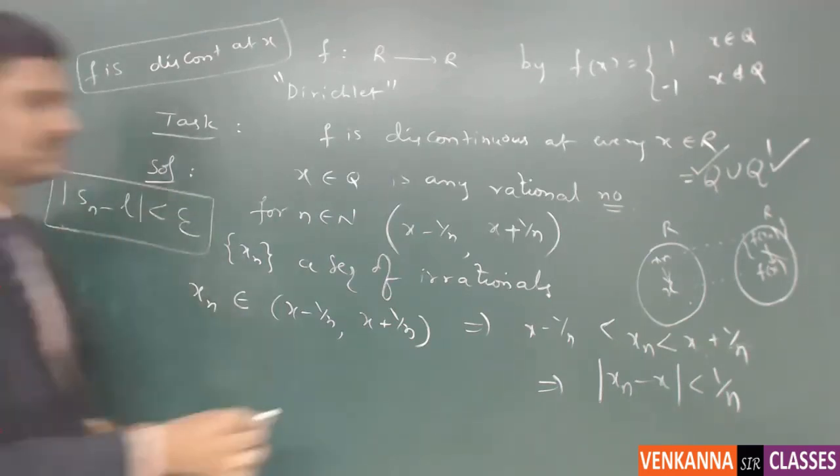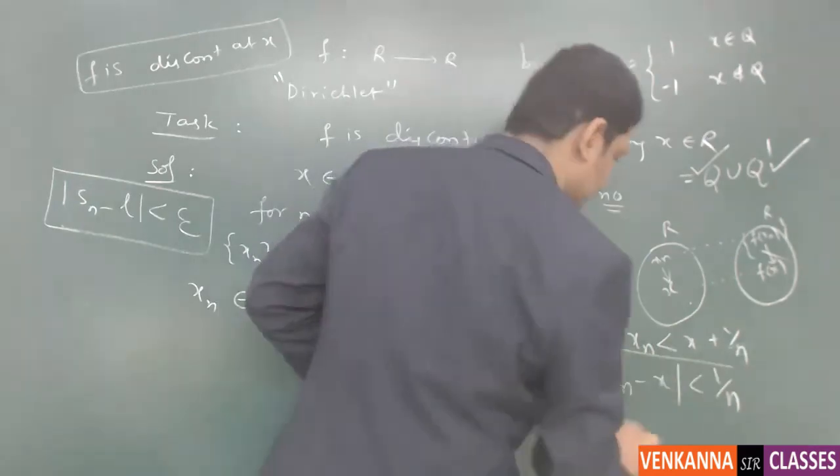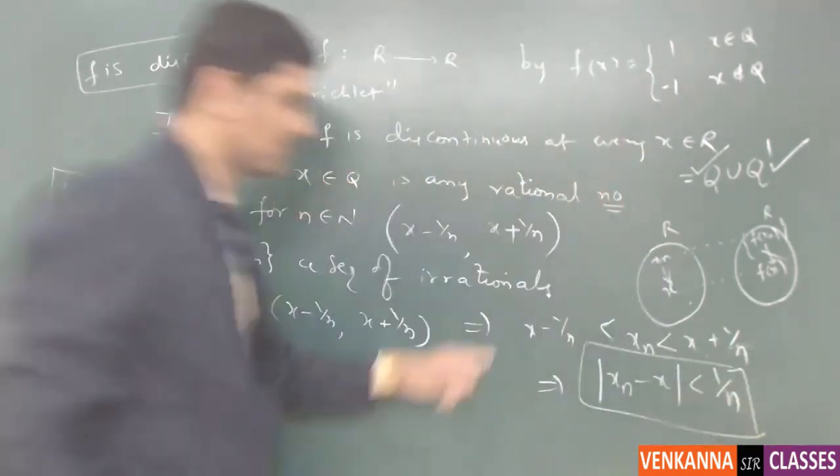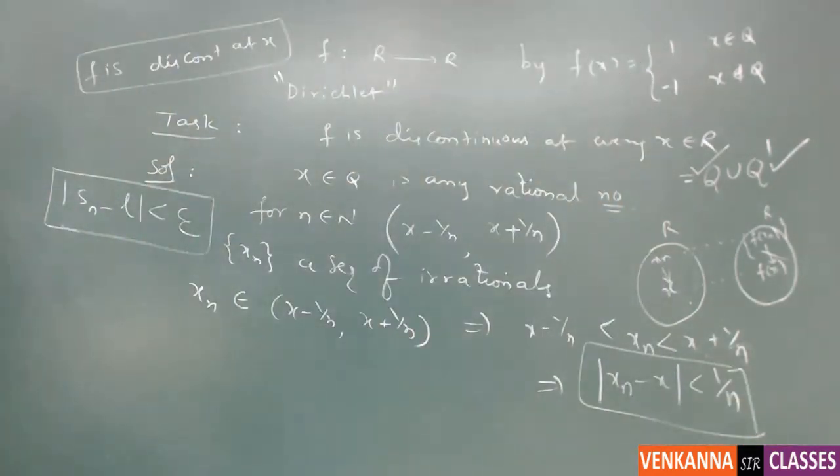This and this are somewhat similar. Agreed? So here the sequence is xn, limit is nothing but x, epsilon value is nothing but 1 by n. Fine? Yes or no?